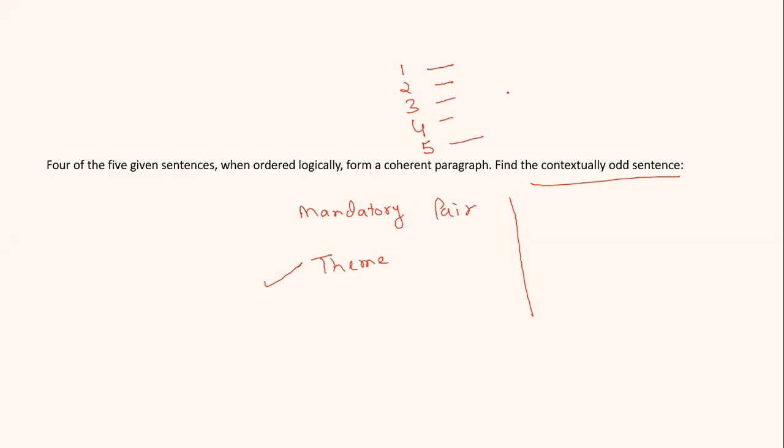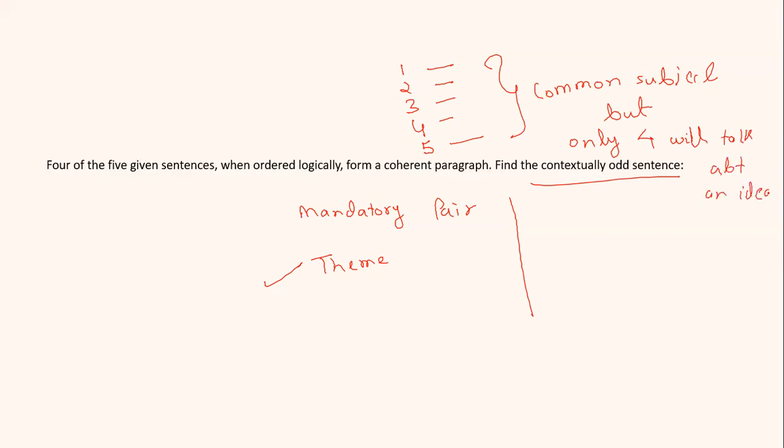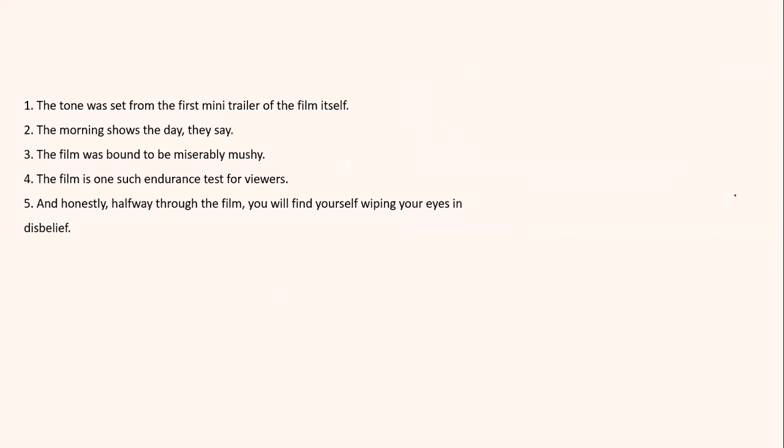So all the 5 will have a common subject, but only 4 of these will talk about one common idea. We have to identify the fifth one. Let us see. This is the first question, right?